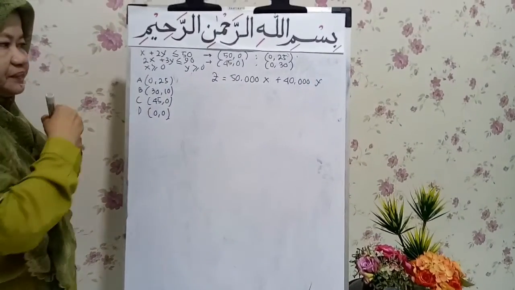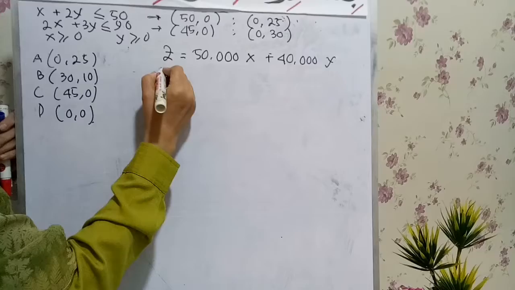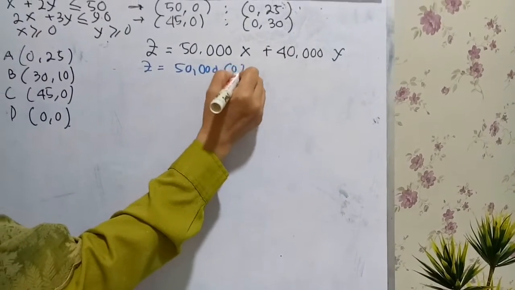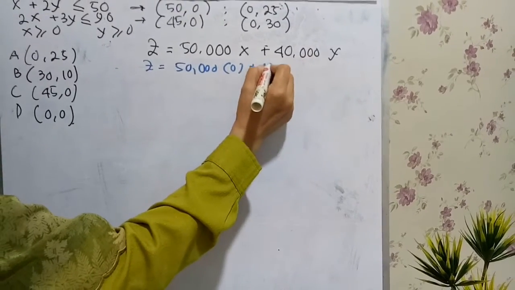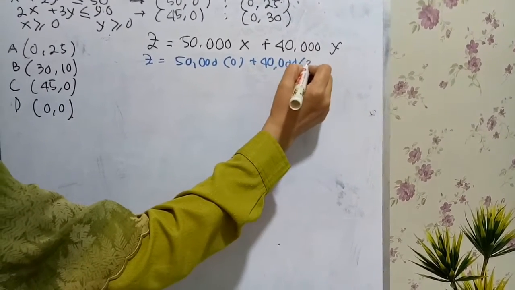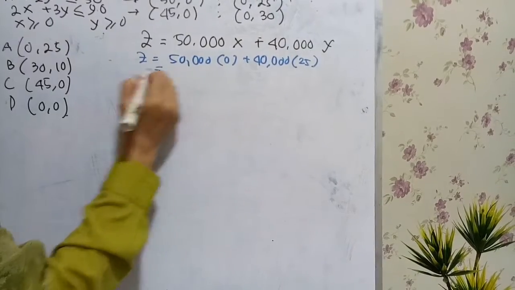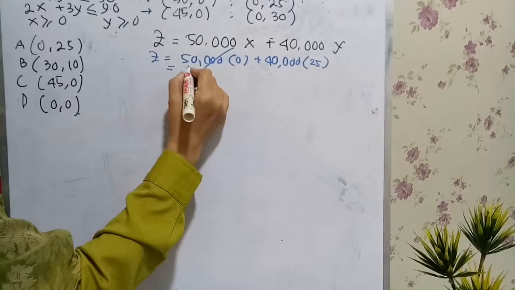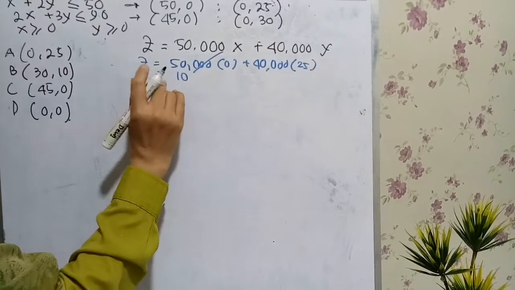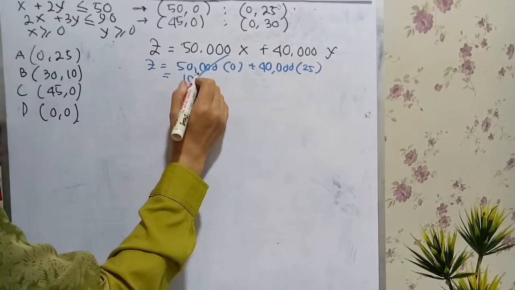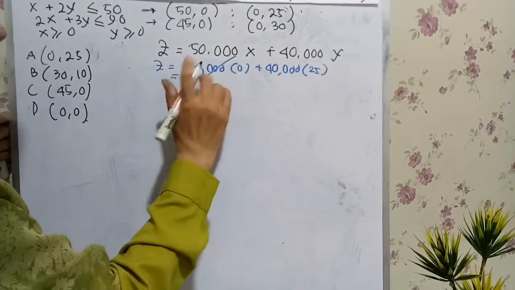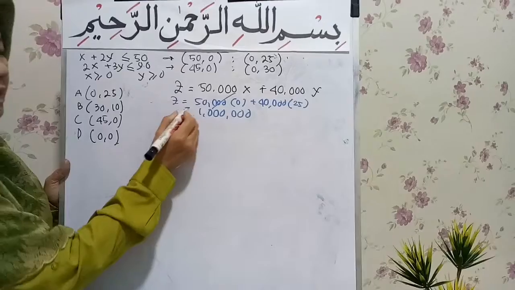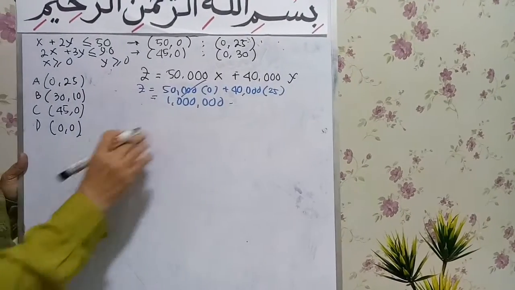For A, Z equal to 50,000 times 0 plus 40,000 times 25, which gives us 1 million.